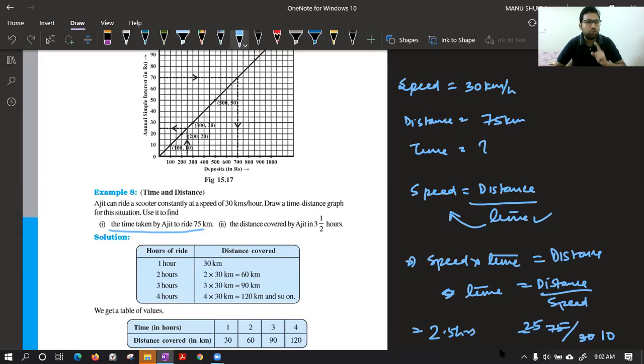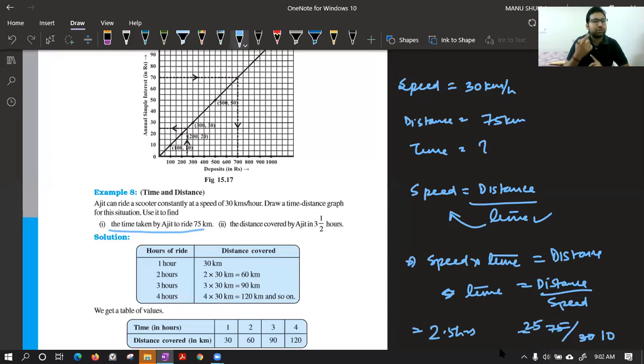Class, I want to ask you one thing. If I increase the speed, will it take more time to reach or less time to reach? Less time, yes. So this is the relation I was talking about.